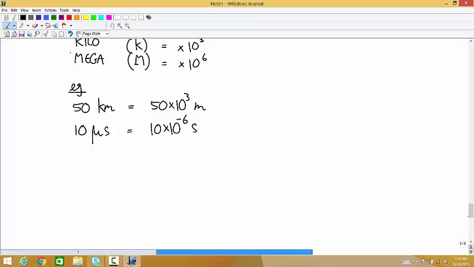And there are times when you also need to use these ratios the same way we did with other unit conversions. So for example, 1 microsecond is equal to 1 times 10 to the minus 6 seconds.